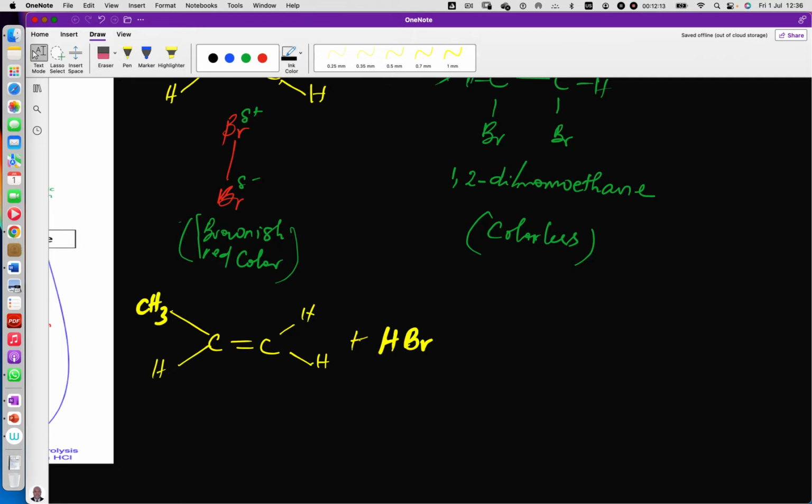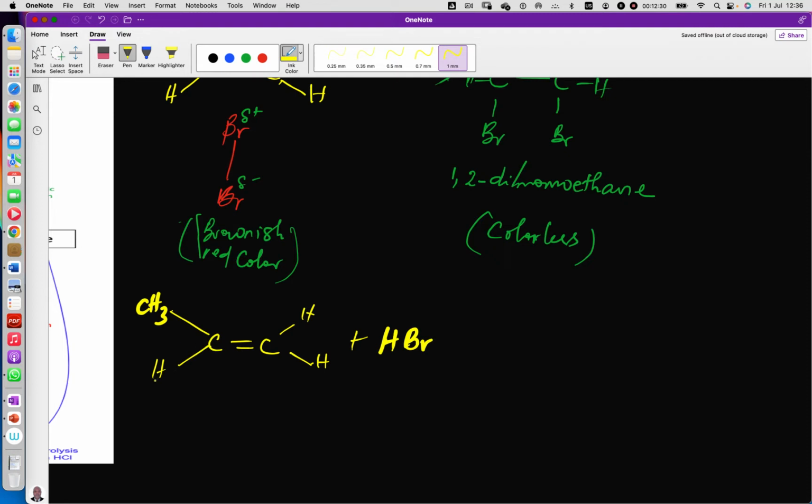According to Markovnikov's rule, if HBr, that is hydrogen bromide, is added to an unsymmetrical alkene, I call it unsymmetrical because the hydrogens on each of the carbons are not the same.